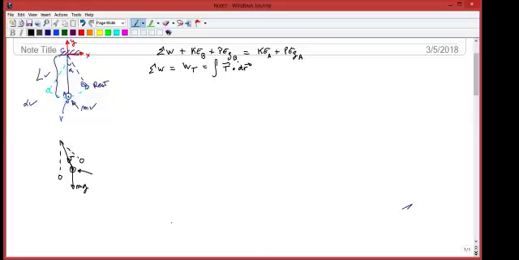As usual, let's plot T and dr and look at the relationship between the two so that we can calculate the dot product. That's my trajectory. Therefore, dr is tangential.